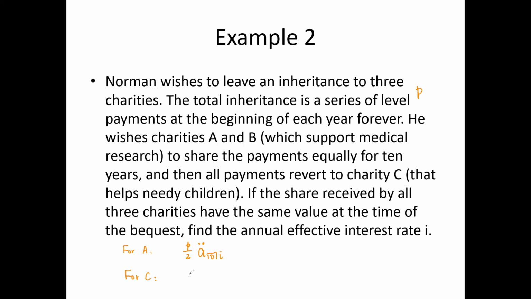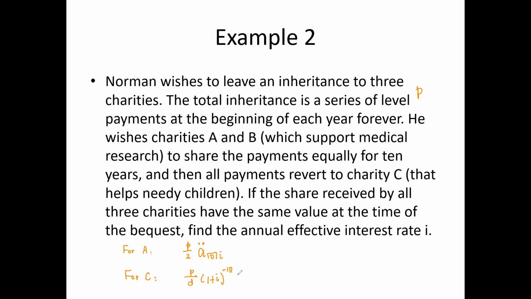So it would be P over d, but that is the present value at time 10, so you need to discount back. You multiply by 1 plus i to the negative 10. That's the present value at time 0.